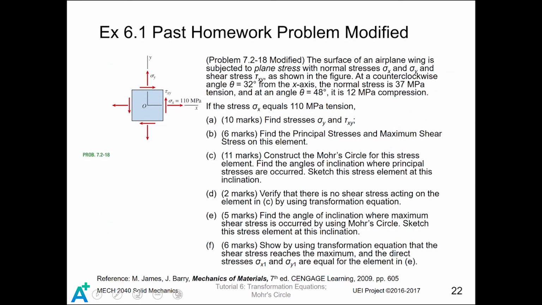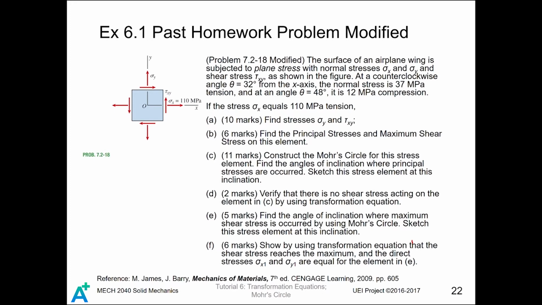Now let's do a past homework problem, but I modified it to make it more complicated and to integrate your knowledge of the transformation equations as well as the Mohr circle. The surface of an airplane wing is subject to plane stress with normal stresses sigma x and sigma y as well as tau xy. At a counterclockwise angle theta equals 32 degrees from the x-axis, the normal stress is 37 megapascals in tension.